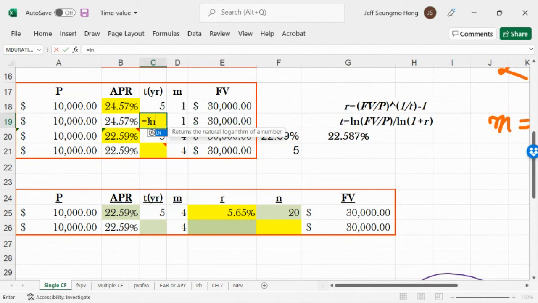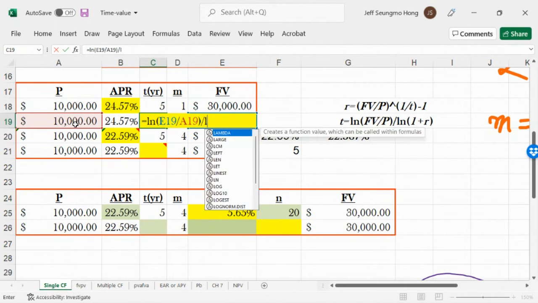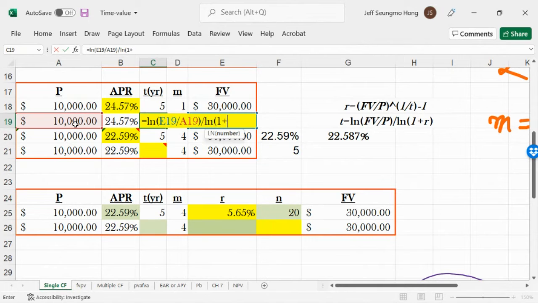The formula is natural log of FV over P, divided by natural log of 1 plus R, close parenthesis. And I need you to do this together, right? Hit enter, you get 5, right?